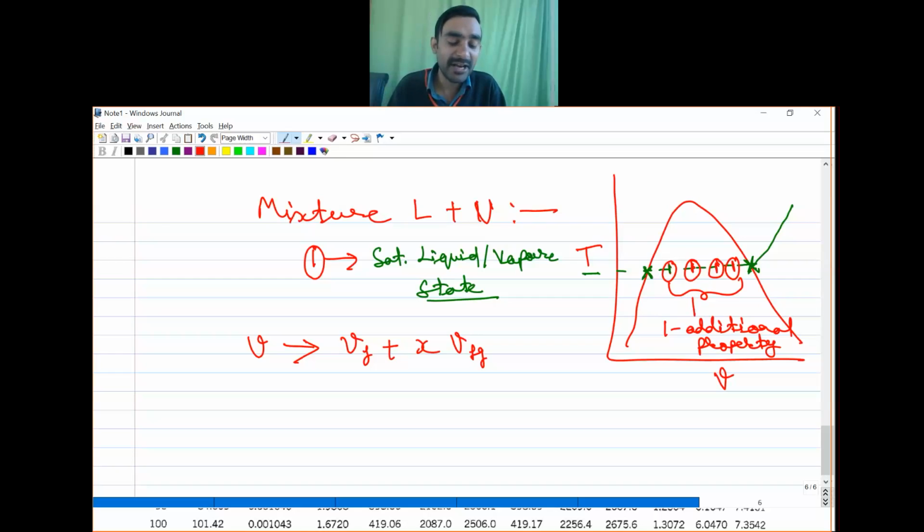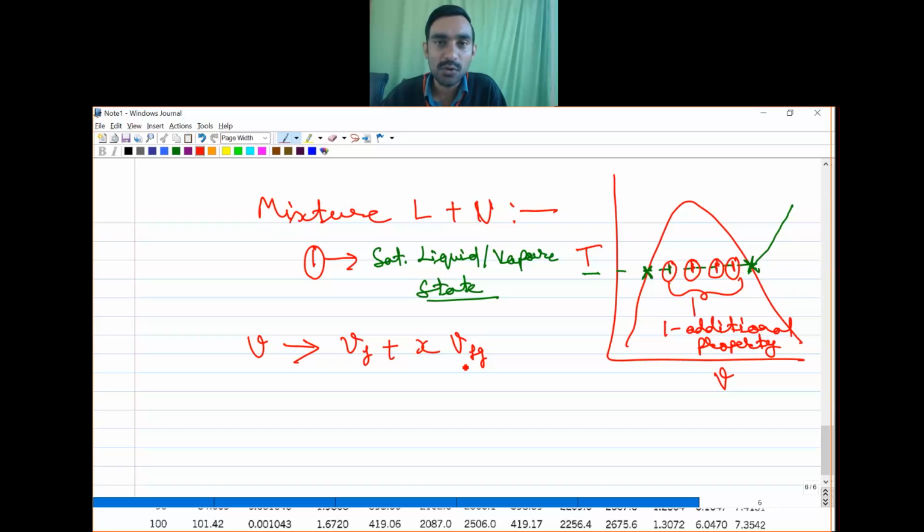This is how we have to use this particular rule for determining how many properties are required to specify the thermodynamic state of the system, or to determine other properties from the steam tables. For example, if we have a compressed or subcooled state, we require two different properties to specify the state.